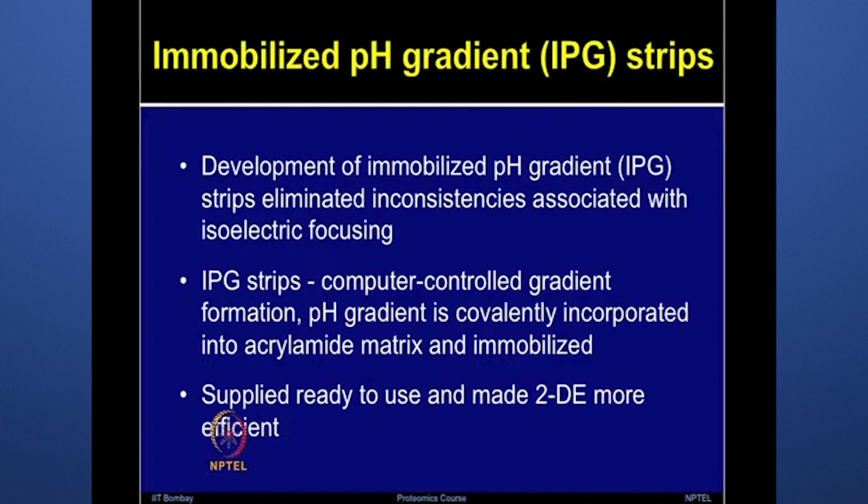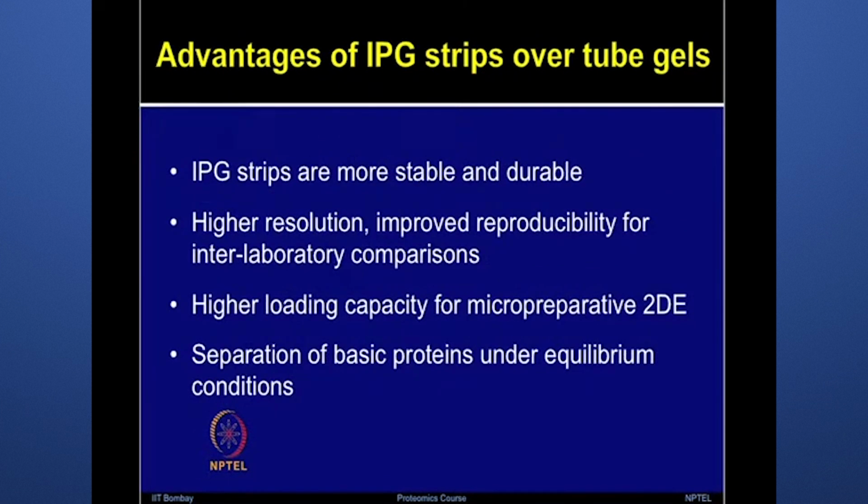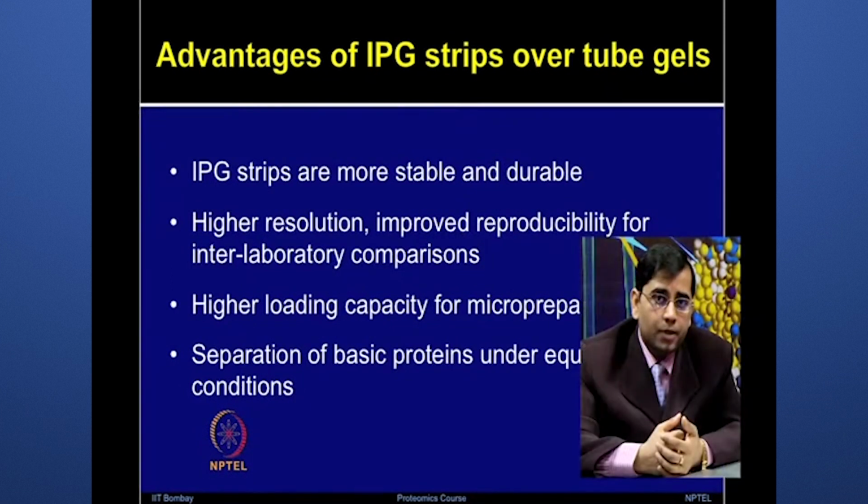Now, they are supplied commercially by different manufacturers and made the 2D process more efficient, and it can be compared inter and intra laboratory worldwide because these are computer controlled gradient forms. So, let us talk about some of the advantages of IPG strips over tube gels. The IPG strips are more stable and durable as compared to the tube gel.